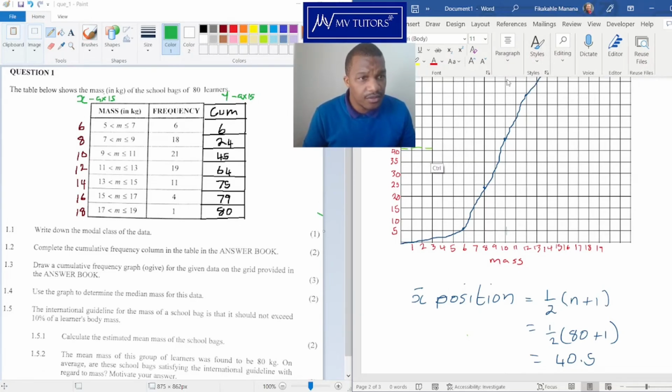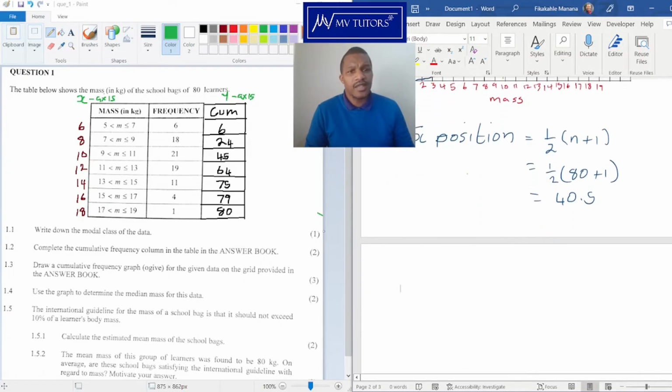Let's just continue. You probably do it much nicer yourself, and then you go down. Okay, using a ruler. So it's about 10, approximately 10. Yeah, let's say that.